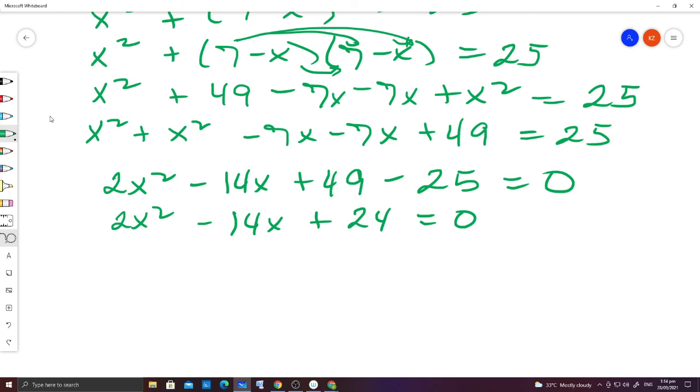So again, we can see that our first numerical coefficient can divide the 14 and 24. Minus 7x plus 12 equals 0.